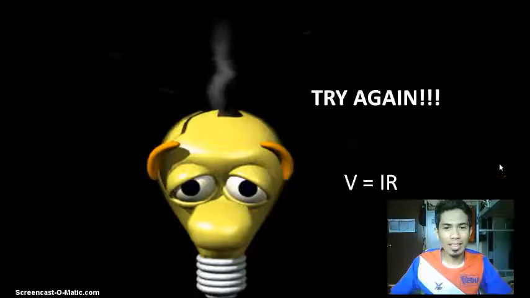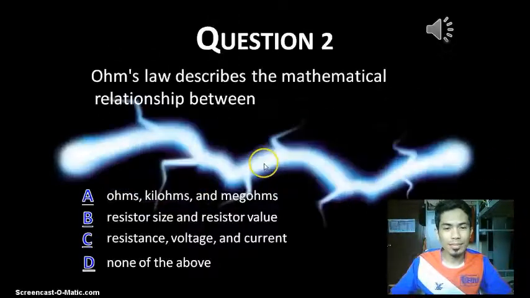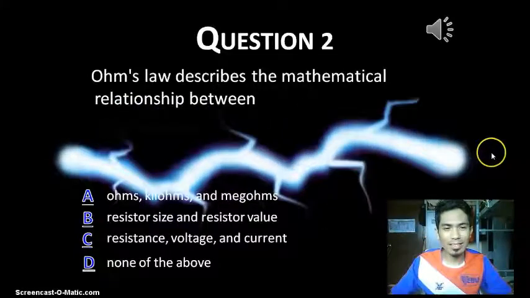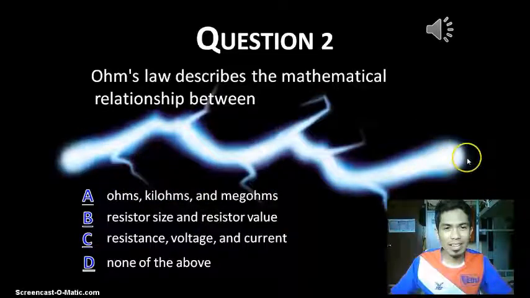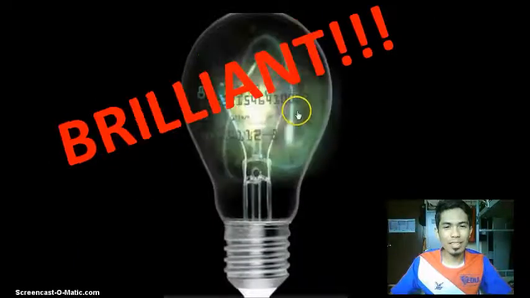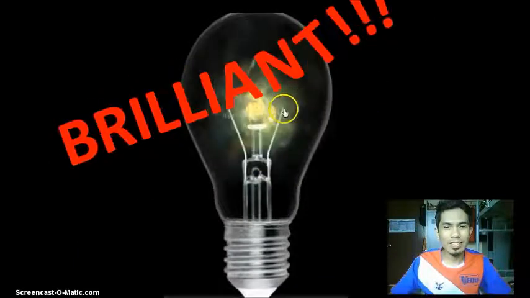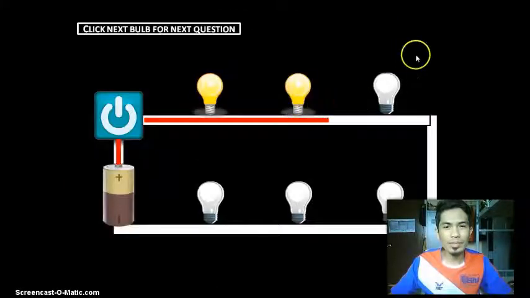Oh, try again. V equals IR. So V is voltage, I is current, and R is resistance. So the answer is C. Alhamdulillah. Next question.